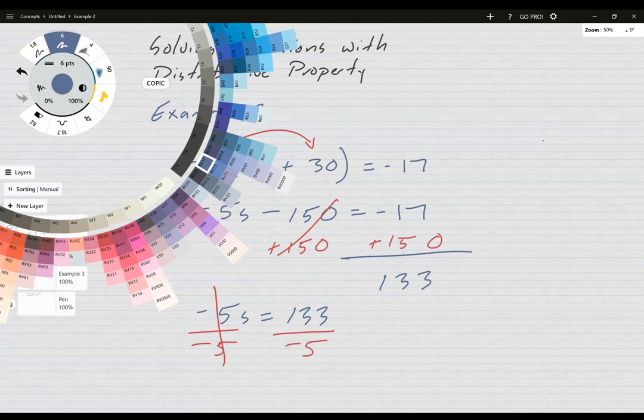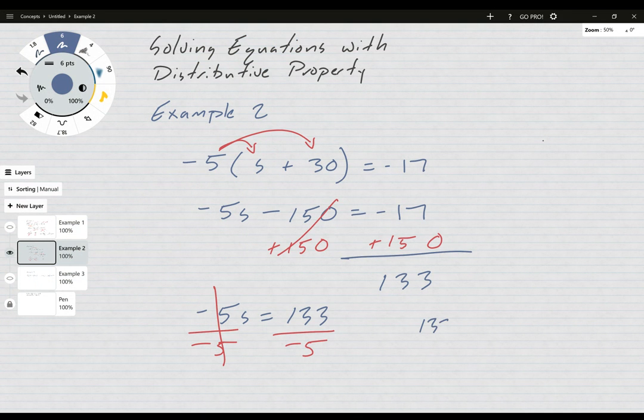133 divided by -5. Now, our division rules with negatives are the same as our multiplication rules. So a positive divided by negative is going to give me a negative amount. So -133 divided by -5 is going to give me -26.6.